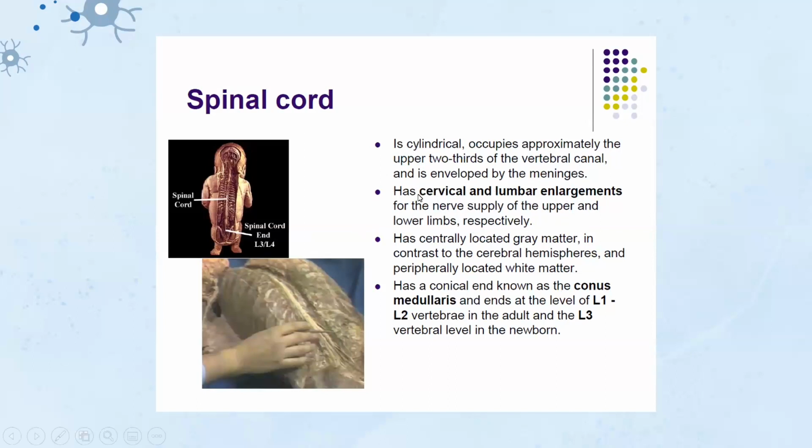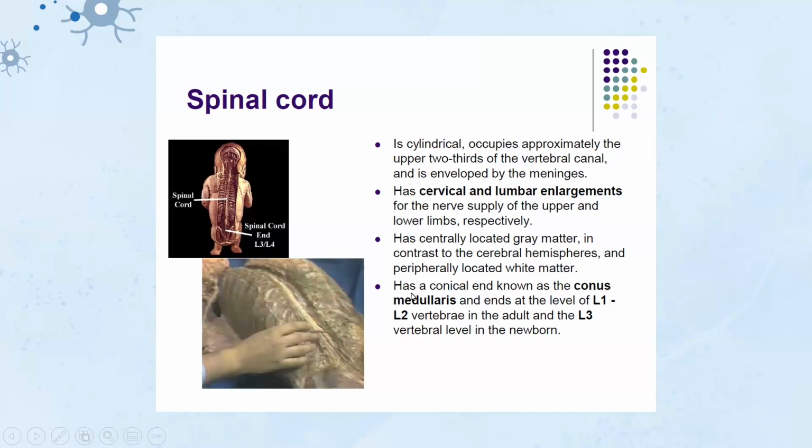So this is why there are enlargements in the cervical and lumbar segments of the spinal cord. It has centrally located gray matter in contrast to the cerebral hemisphere, and peripherally located white matter. I'll show you in the next slide what this means.